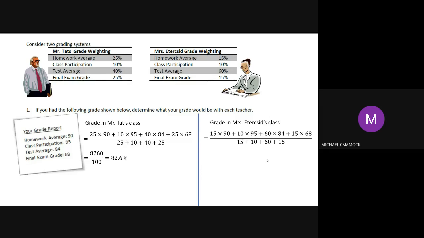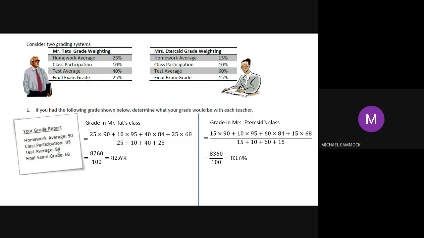So do you think he or she is going to get the same mark here? No, it's going to be different. It's actually higher. I don't know if you have an idea why it's higher, but I'm going to tell you. Not much higher, just a little bit higher, but it is higher because Miss Etcetra put a greater weight on the test. Look at the test mark.